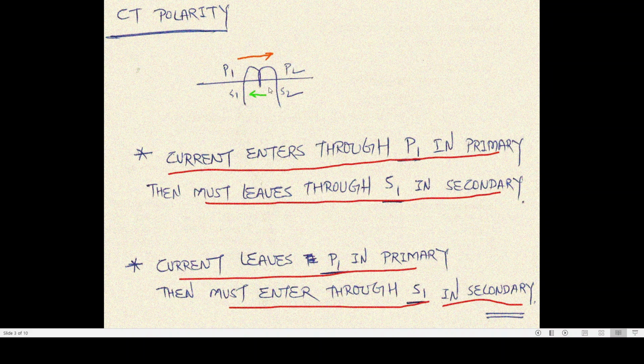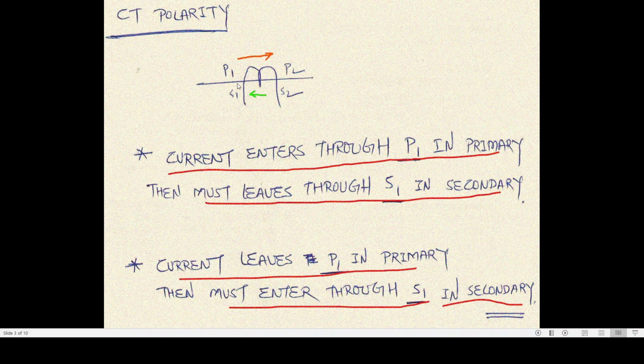What this CT polarity marking says is that if your current enters through P1 on the primary side, then on the secondary side the current will always leave through the S1 terminal. Vice versa, if the current leaves through P1 in the primary side, then the current will enter from the S1 side in the secondary.